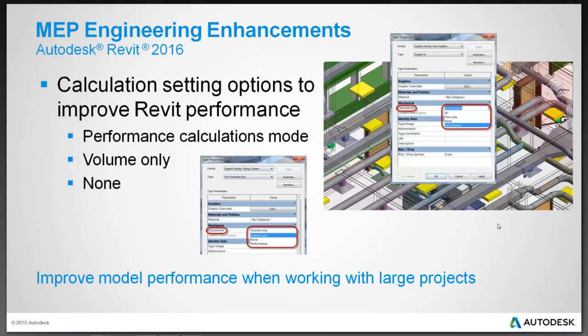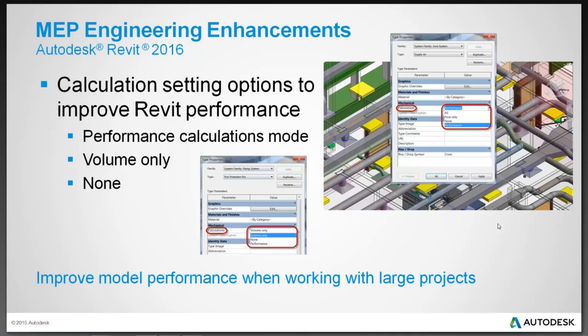There have been some enhancements to the calculation options within Revit to improve performance while working with most duct and pipe systems. There's a new setting called Performance. This is a setting that you'll find in your calculations drop down with your duct and pipe systems.